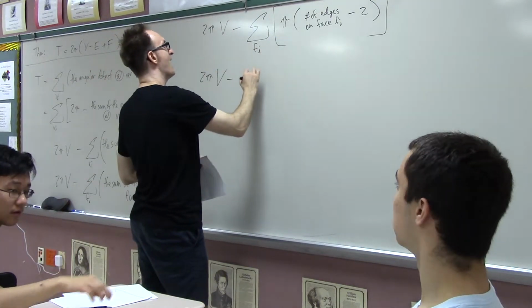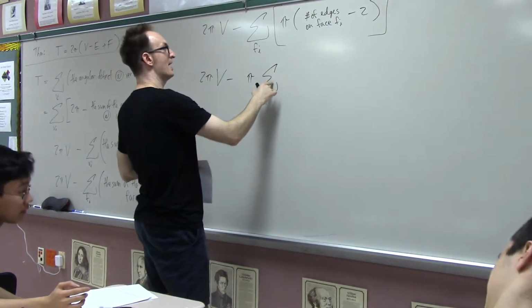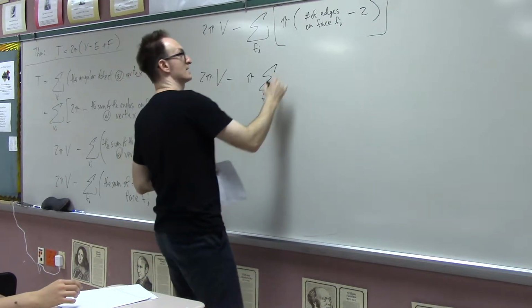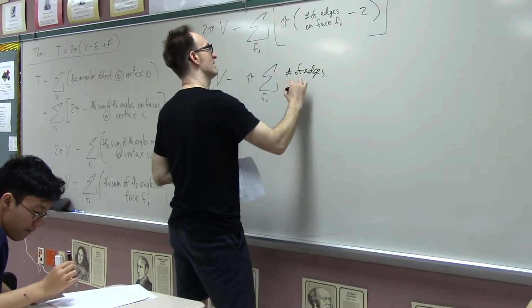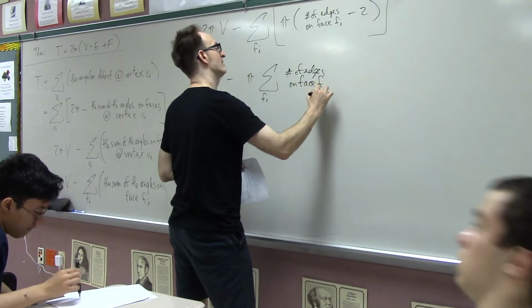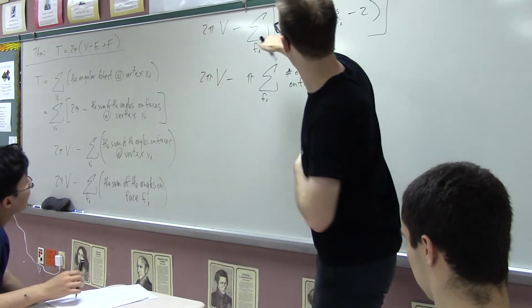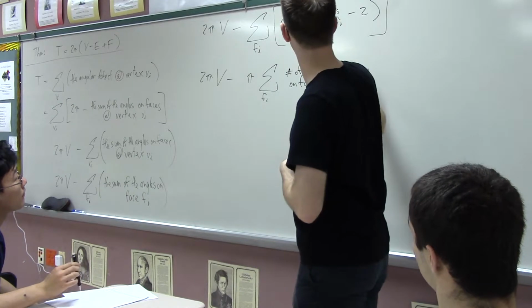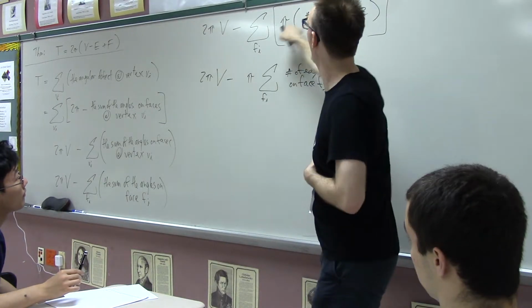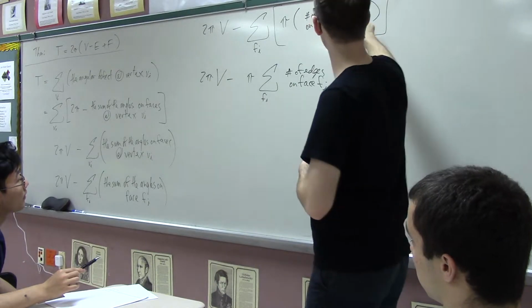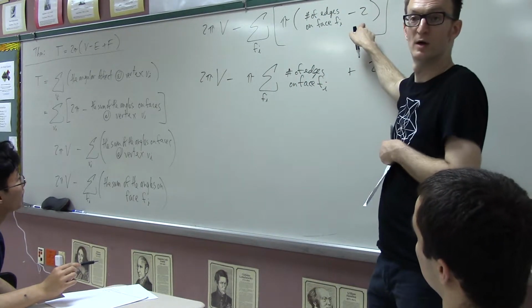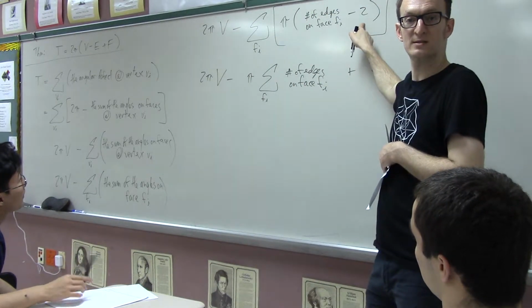So this becomes pi times the sum through each of the faces of the number of edges on face f sub i. But then minus becomes plus, and that pi is times that 2, right? So I have 2 pi. How many of these 2 pi's do I have? One for every face. Is everyone okay with that?